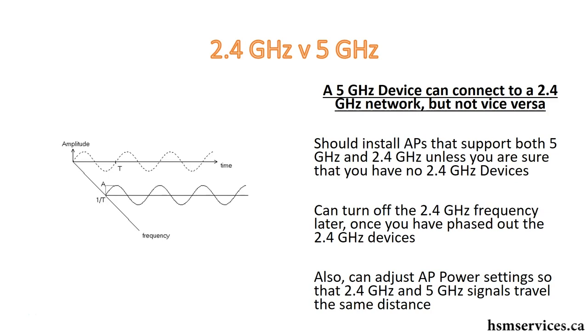The other thing you need to consider is that since the 2.4 travels farther than the 5, you need to adjust the power on the 2.4, make it a little bit weaker, so that your 2.4 and your 5 gigahertz signals travel the same distance from the AP.